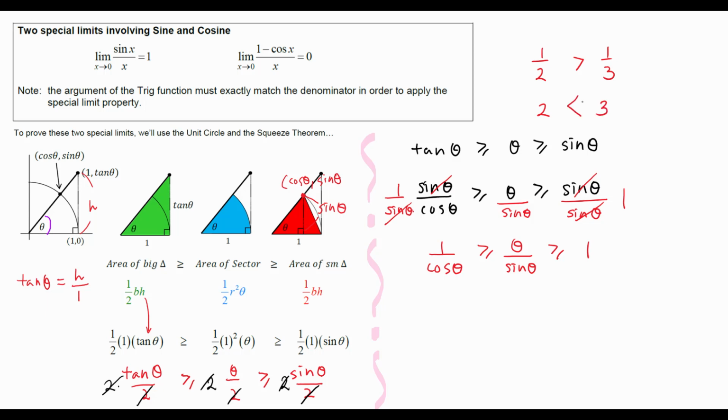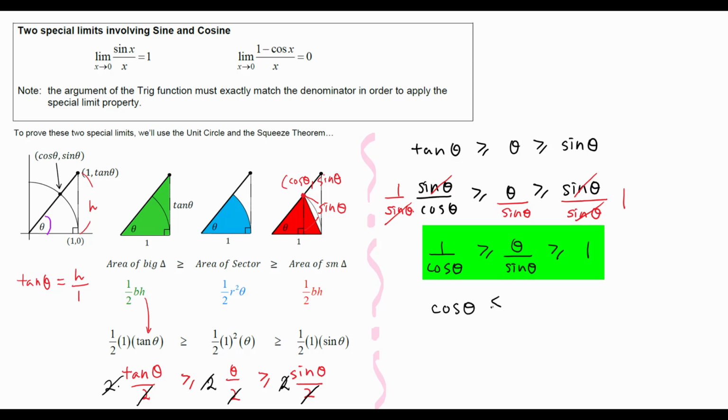So when you have an inequality and you take the reciprocal of both sides, you need to switch the inequality symbol. So now when we take the reciprocal of all 3, this becomes cosine theta, and the inequality symbol changes to the opposite direction, then sine theta over theta.